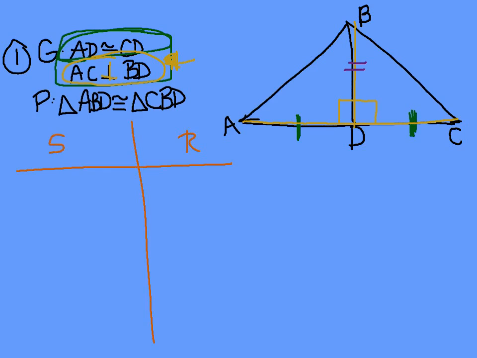Okay, step number 2 in the steps you just wrote down says to start writing the 2-column proof, write down the given. So our given says that AD is congruent to CD and AC is perpendicular to BD. And the reason was given. All right.